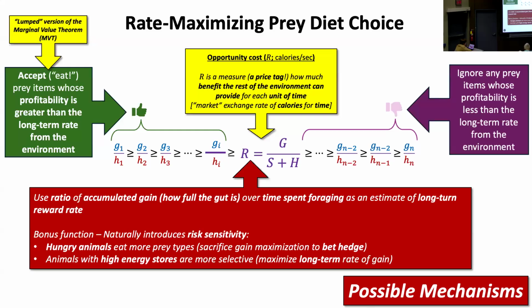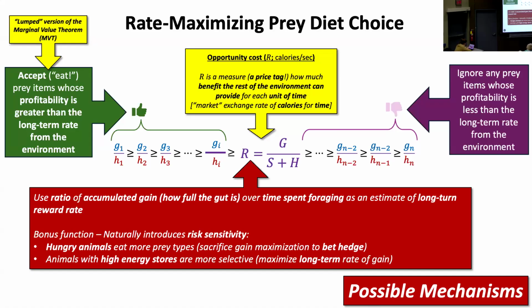And those neural mechanisms can help it make these decisions in a dynamic way. So if you starve the animal, it'll have very low calories, even though it's been foraging for a long amount of time, and it'll become a generalist. But if that animal has had a lot of food in its history over a very short amount of time, it will become a specialist dynamically.